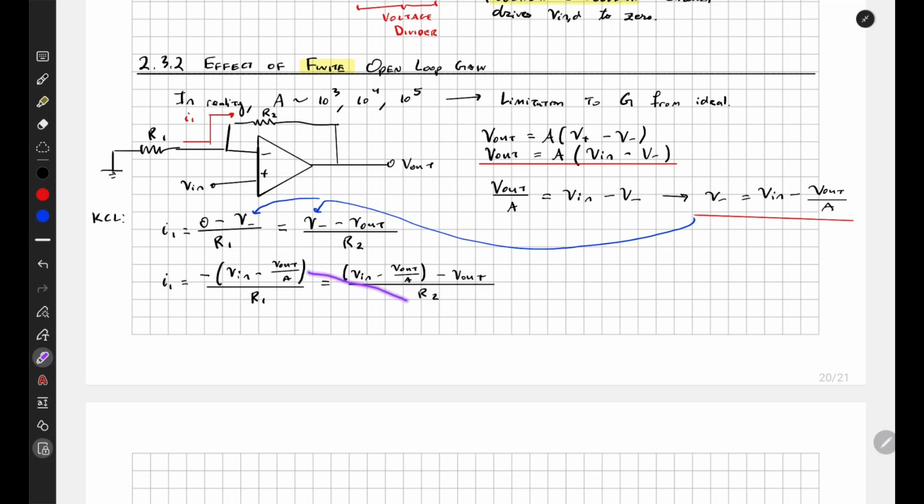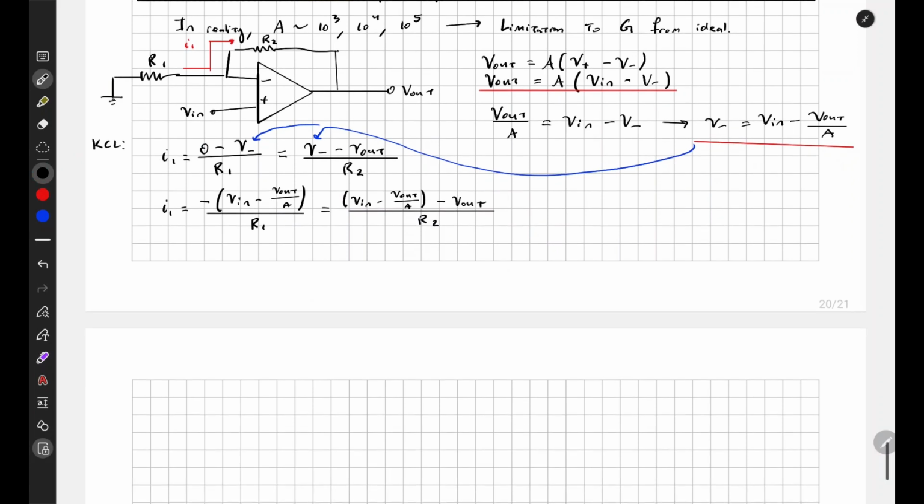So one thing we can do is cross multiply. If we cross multiply, we get R2 and there's a minus, and then it's V in minus V out divided by A, which is equal to R1 times V in minus V out divided by A minus V out.